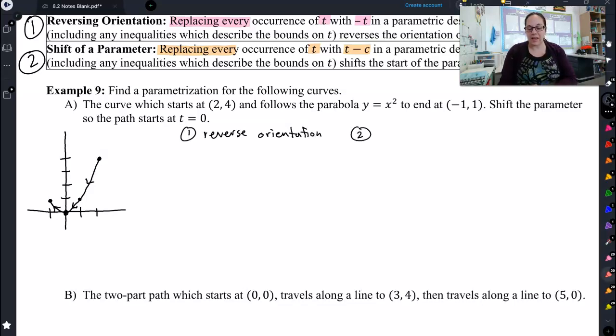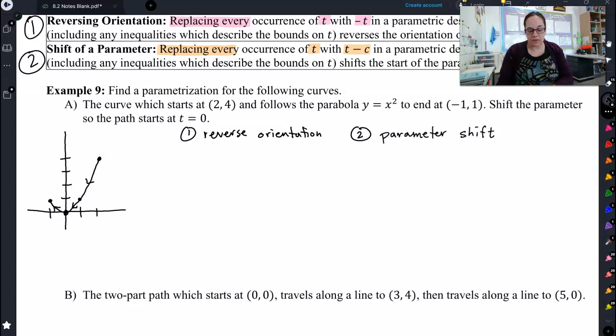Then the second adjustment it's asking us to make is to shift the parameters so the path starts at t equals 0. So we're going to have a time delay or a parameter shift. So these are the adjustments I'm going to make.